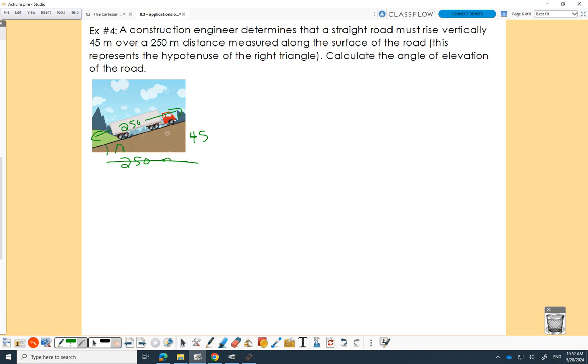I want this angle in here, which I better change colors. That angle right there, which I'm going to circle. What are the two sides? This is hypotenuse. This is opposite, which we don't have.